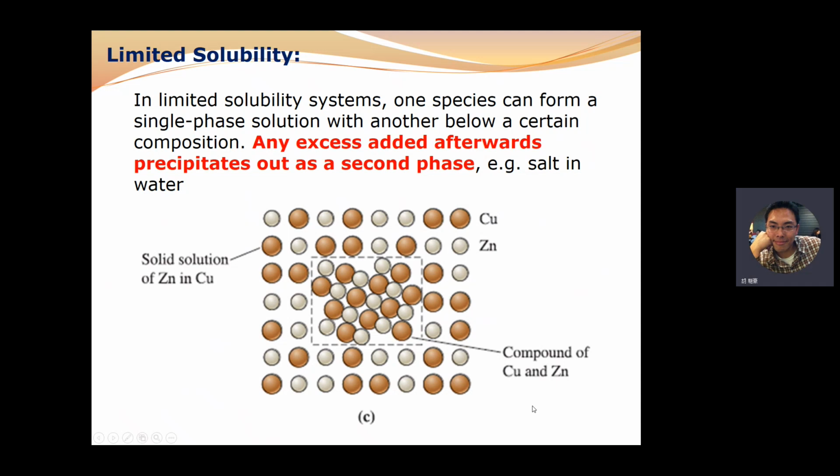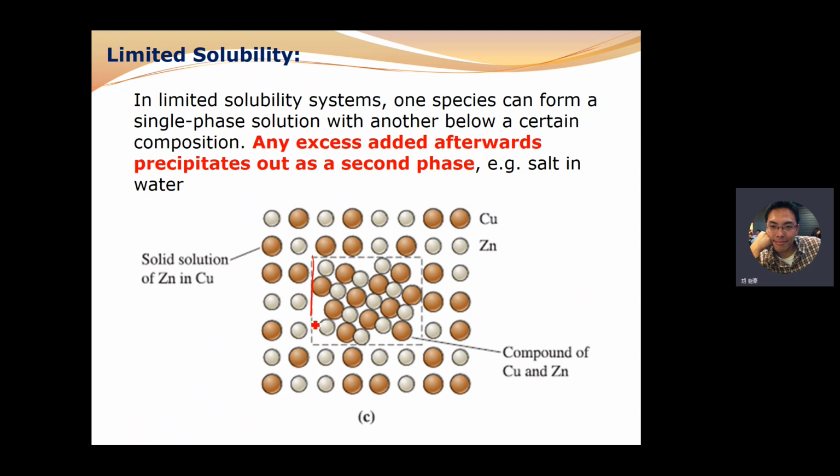If we have a solid solution of copper and zinc, when the amount of zinc is beyond a certain composition, the second phase will precipitate. Therefore, we can find two phases coexisting.